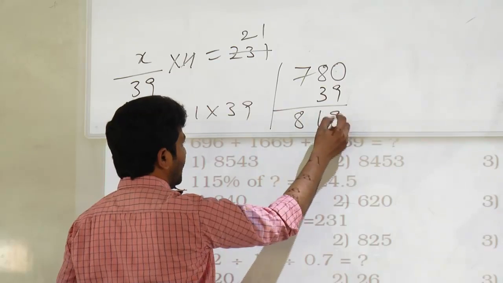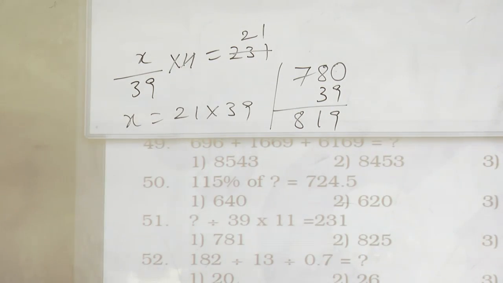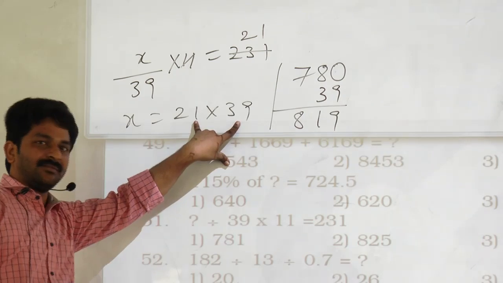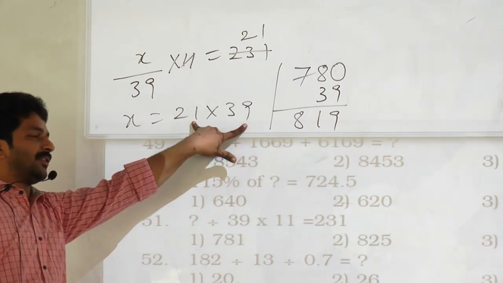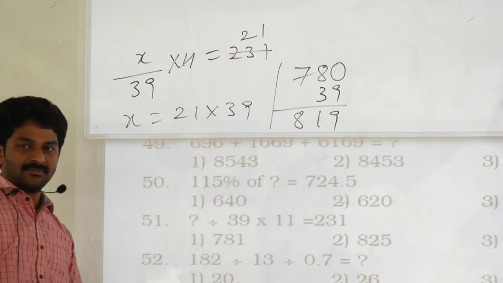Answer 819. Anyway, last digit itself is fine. 1 into 9 ends with 9, and there is only one option.